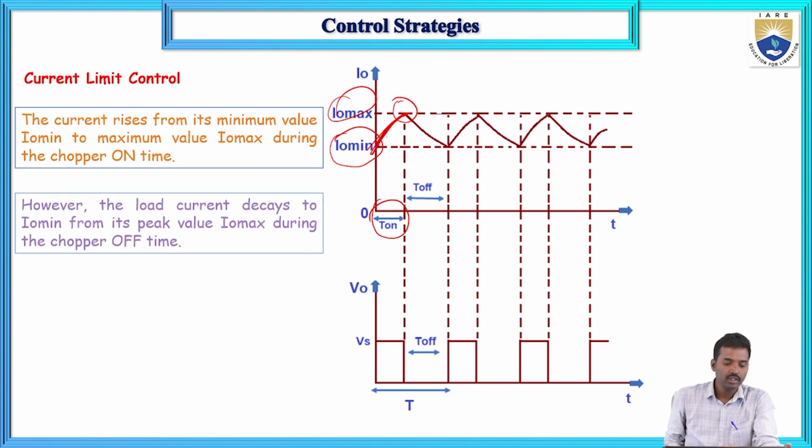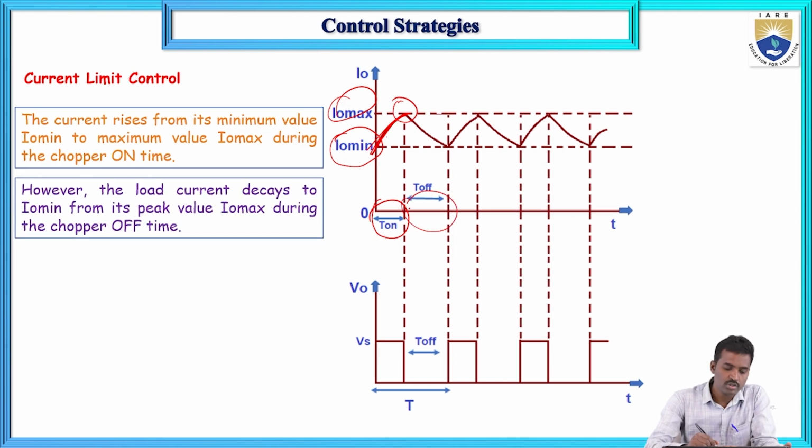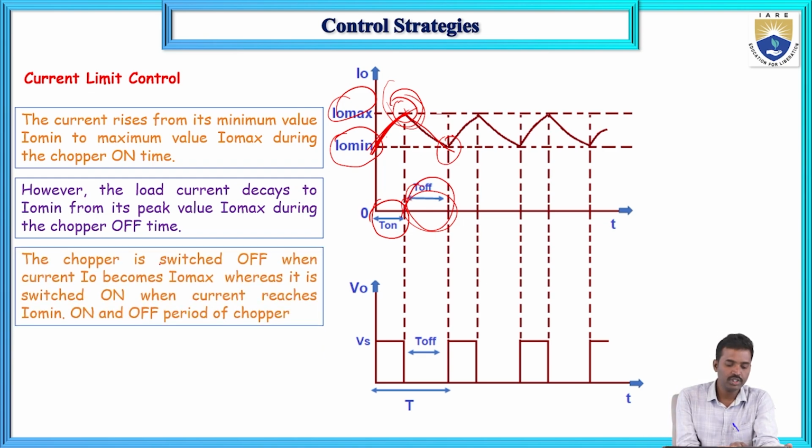T off time means the decaying current, from I naught maximum, the peak current value, to I naught minimum. This duration is known as the T off duration.